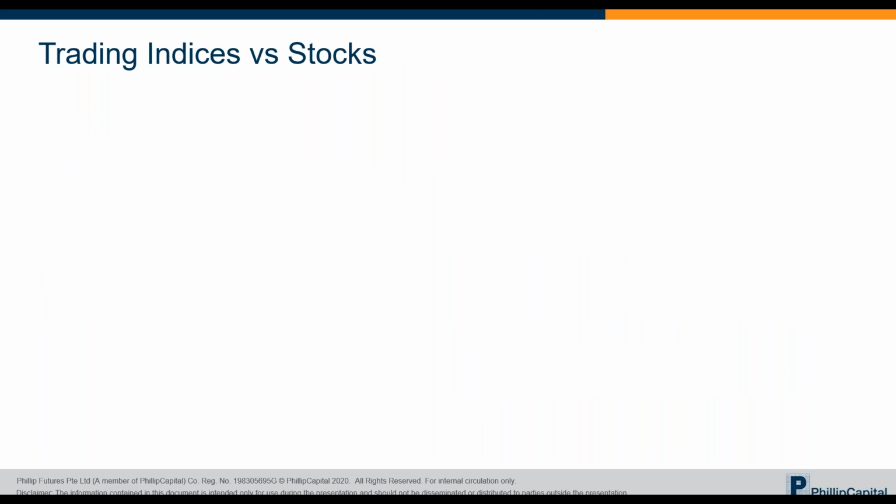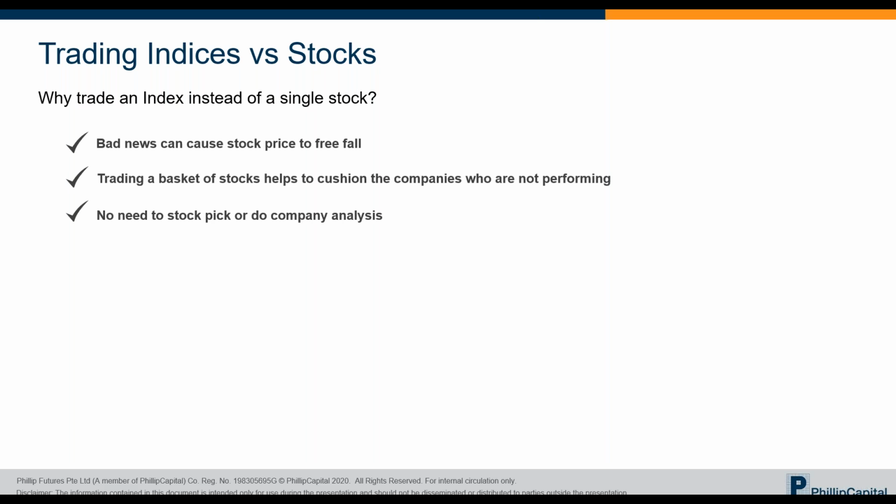Okay, so if we compare trading stocks to trading indices, there are also actually some benefits when you trade indices. Of course, the first point being that indices generally don't tend to plunge due to one company performing badly, as trading a basket of these stocks helps to cushion the poor performing companies. Also, you do not need to stock pick or do any company analysis when you are trading an index.